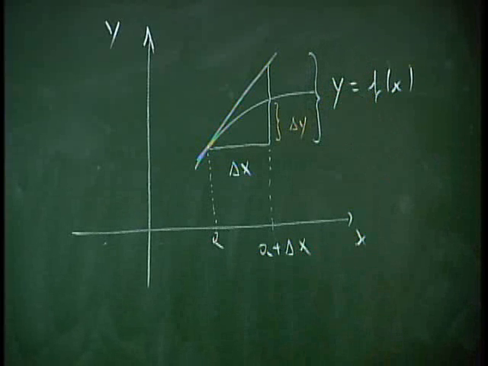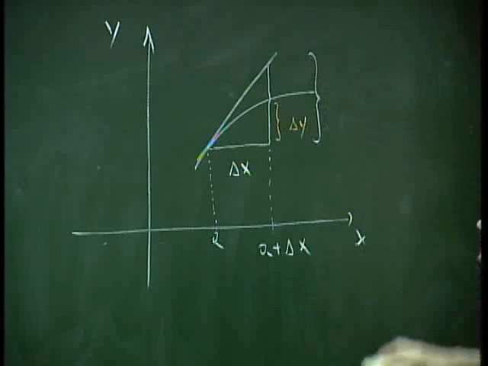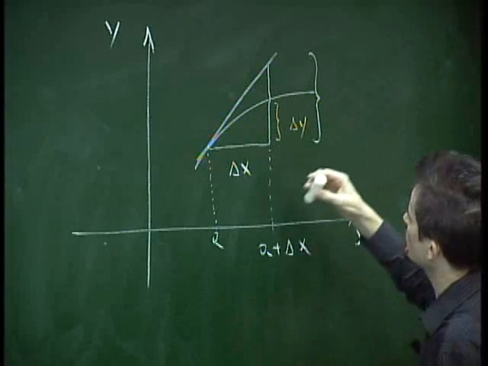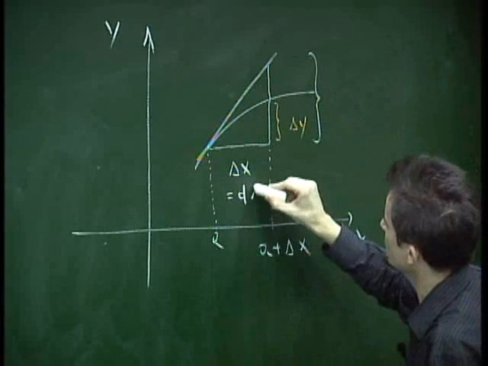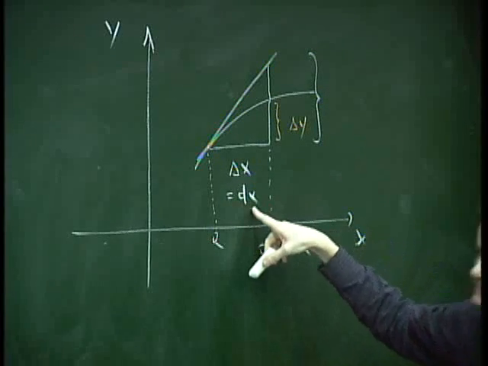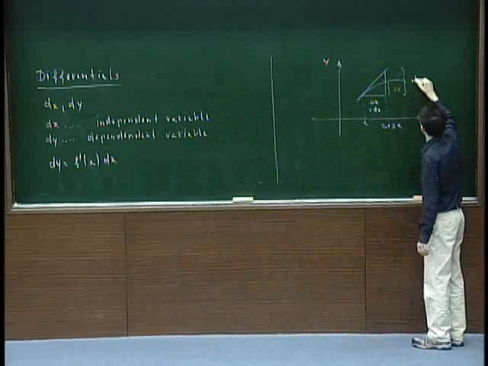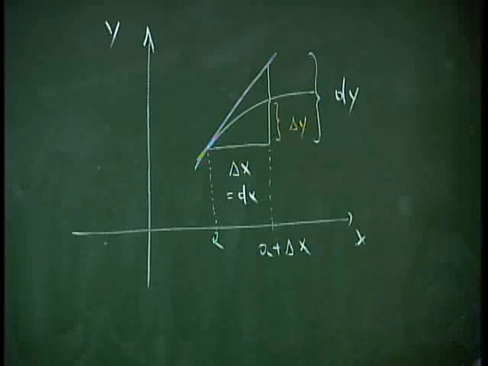And what we see here is the change if we replace the function by the tangent. So if our independent variable is equal to delta x, this here will be dy.